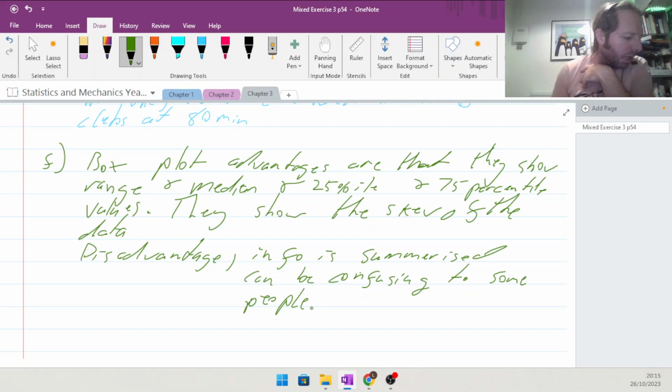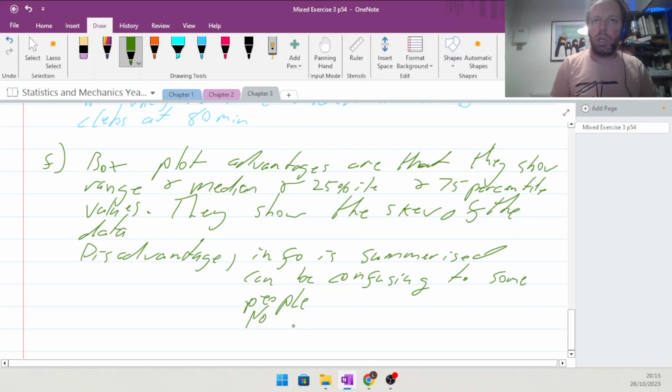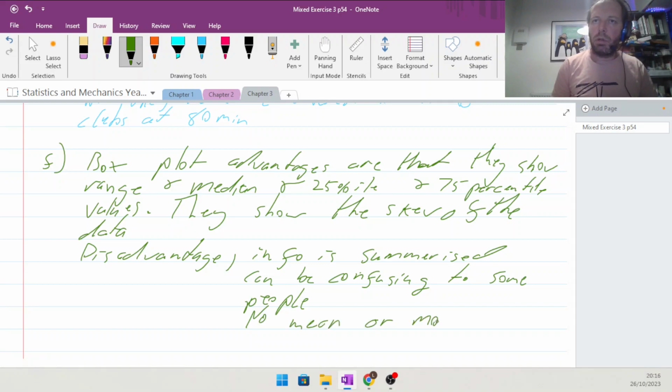They prefer to see bar graphs or something like that. You need to know what they are, so that's going to be confusing. Other disadvantages, not many. Just think of another. No mean or mode data. Okay, that's it for question 2.